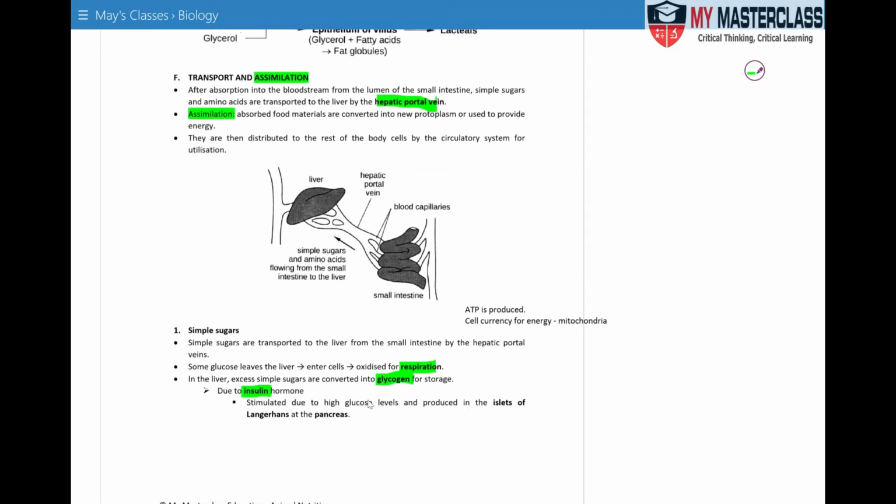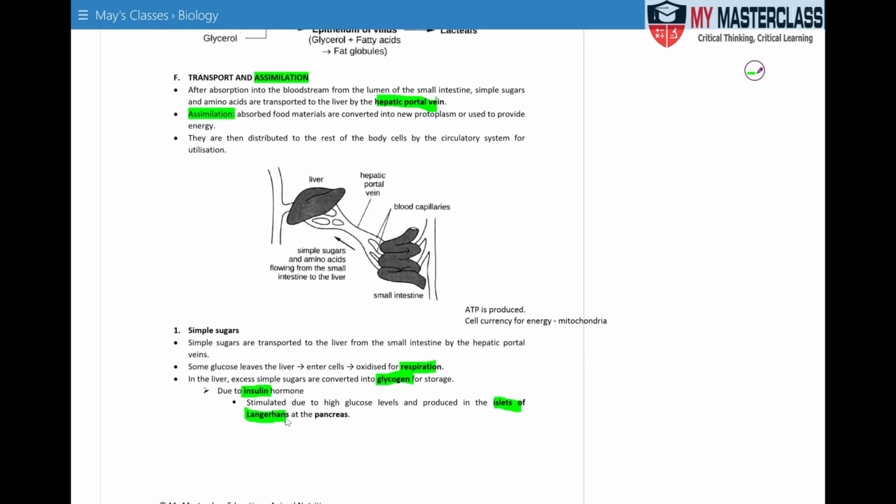Once it is converted to glycogen, it is then stored in the liver. The brain will sense that there's excess glucose, and it will stimulate the production of insulin at the islets of Langerhans, the specific area for insulin production at the pancreas. Excess glucose is then stored as glycogen.